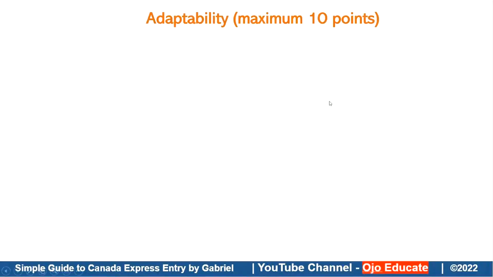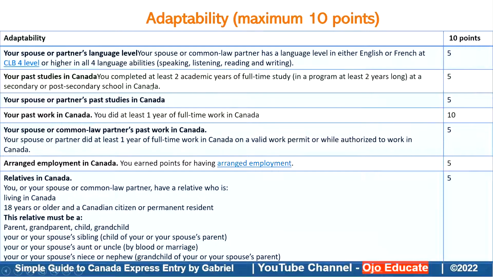The next one is adaptability, and the maximum is 10 points. To get the maximum 10 points, your spouse or partner, who is coming with you, is able to write an English or French proficiency exam.